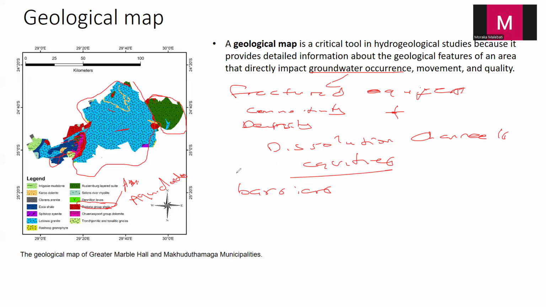They do not store or, rather, they do not transmit water efficiently. So it means the groundwater may accumulate above the aquiclude.